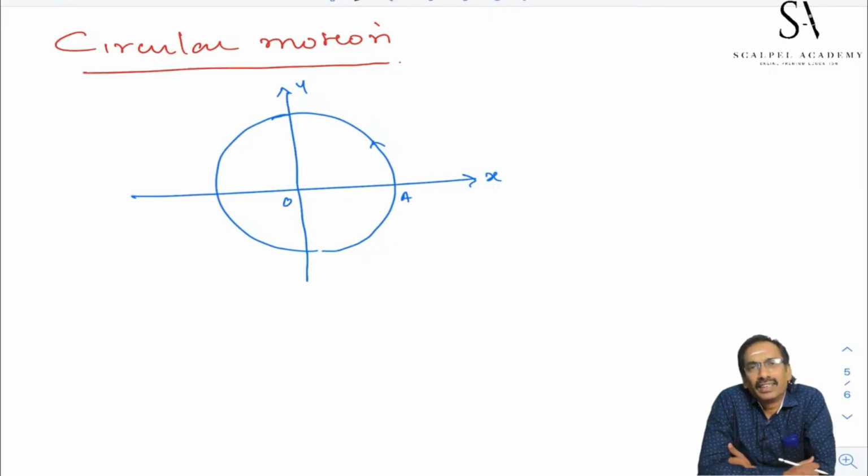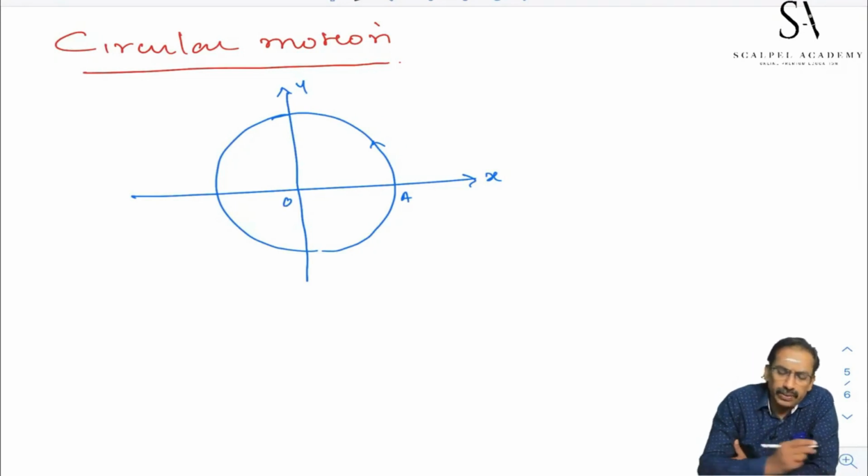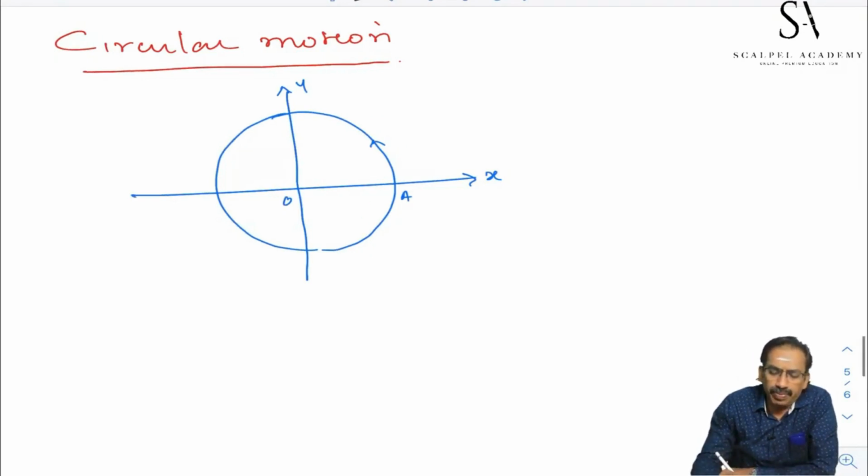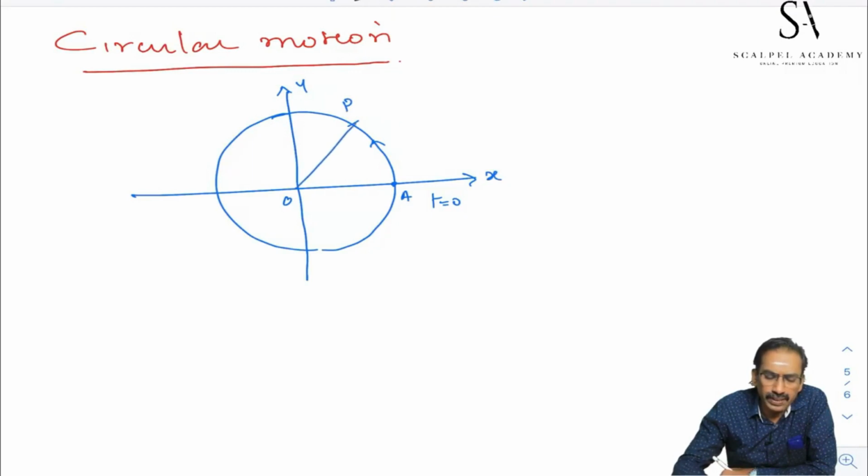We have learned linear displacement, the change of position is called displacement. Here angular displacement we are going to discuss. This particle at t is equal to 0 is at A. After time t seconds, the particle reaches the point P. OP is the position vector now, equal to radius r.